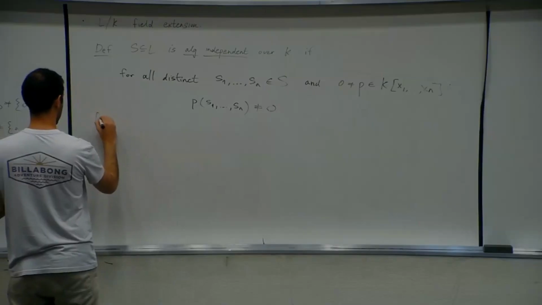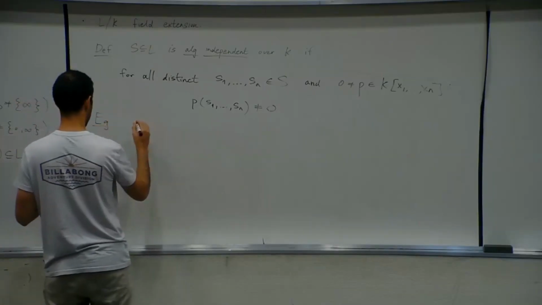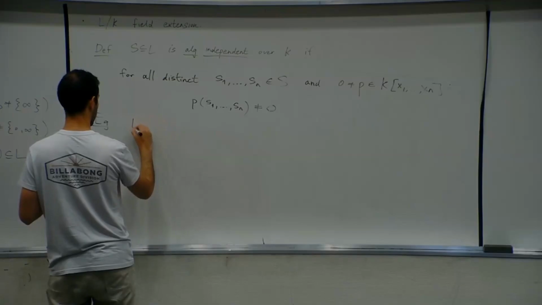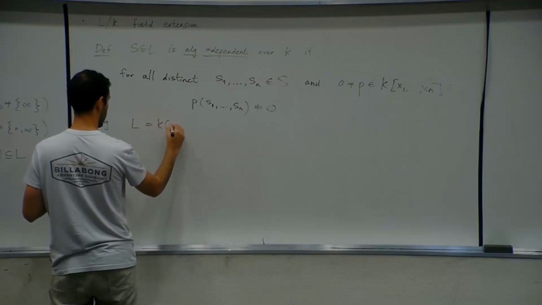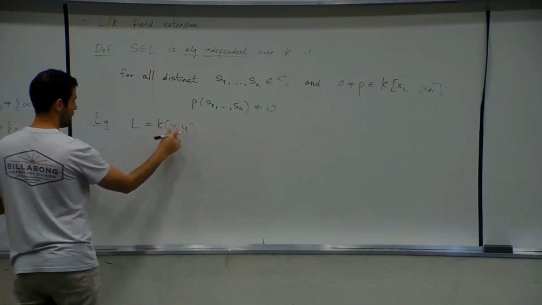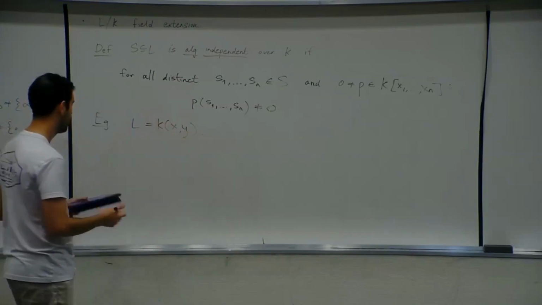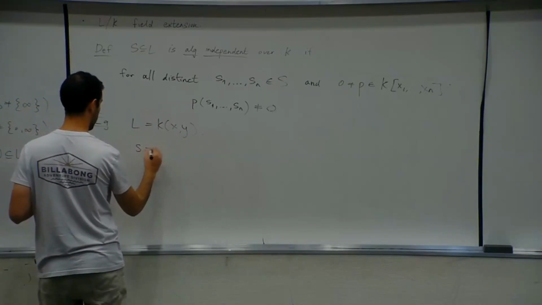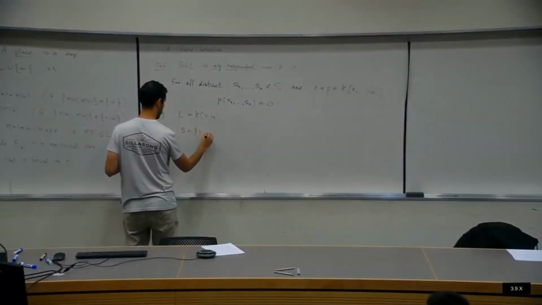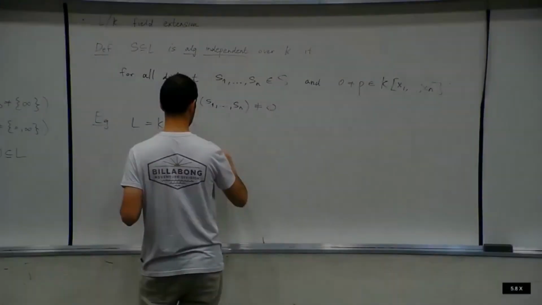Now some examples. If L is K(x,y), the rational function field in two variables x and y, then what can you say about the set {x, y}?